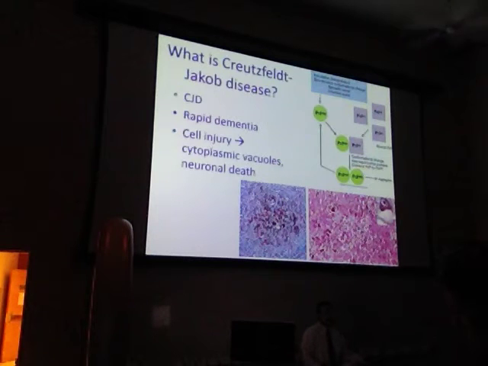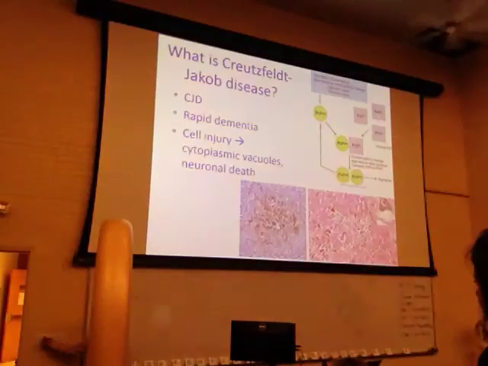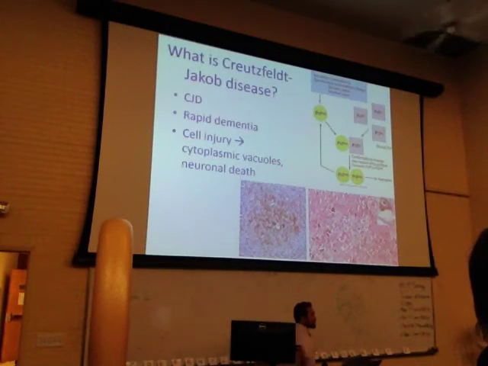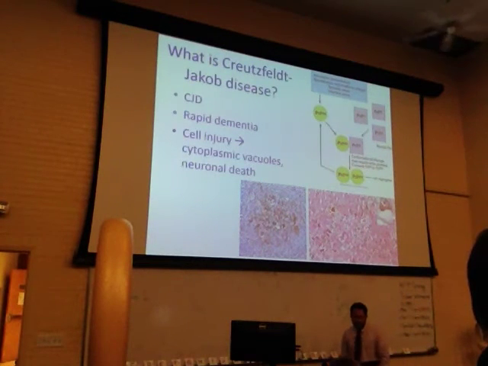So Creutzfeldt-Jakob in cattle is mad cow disease. And there have been times in our recent history where certain cattle populations have been contaminated with mad cow, and there were all these travel warnings. I remember one year I was traveling a lot to Europe, and in the UK there were a number of herds that were infected and had the mad cow disease, or the bovine spongiform encephalitis.